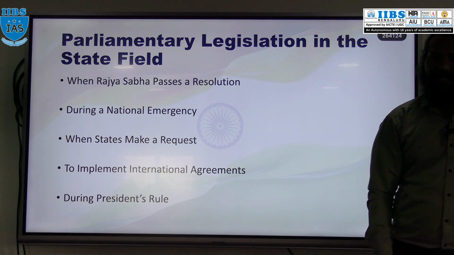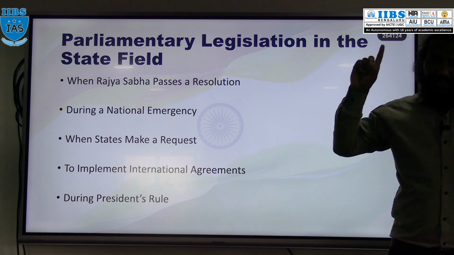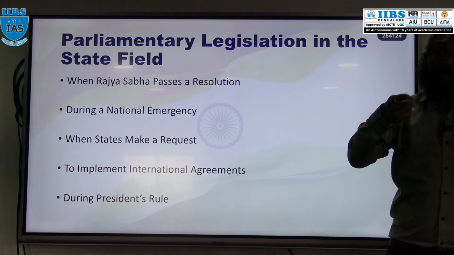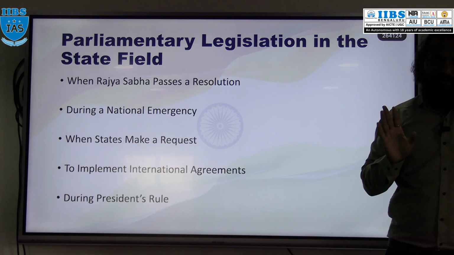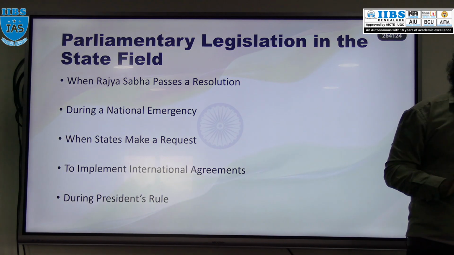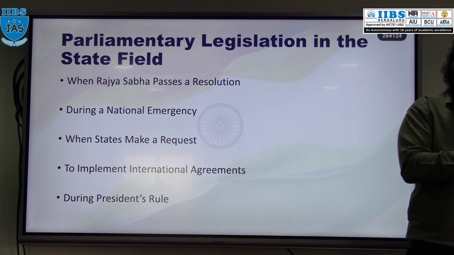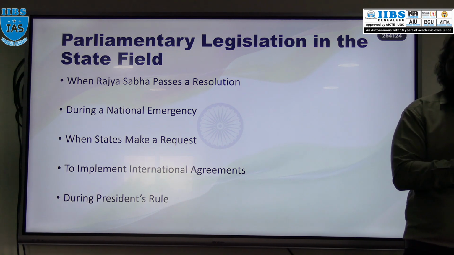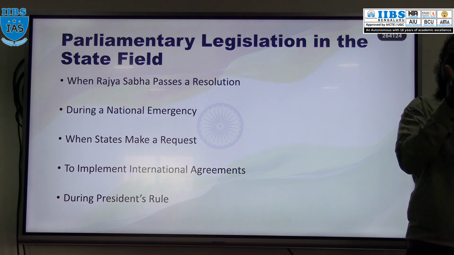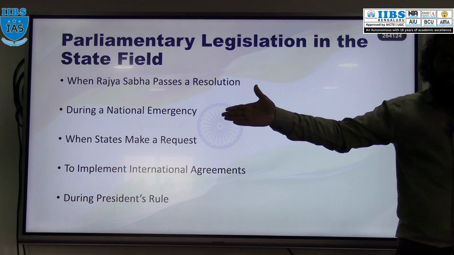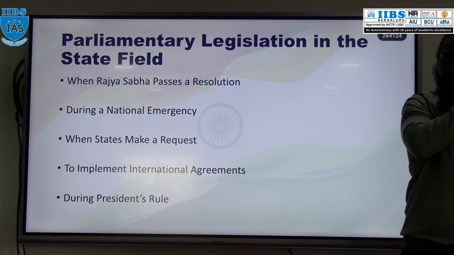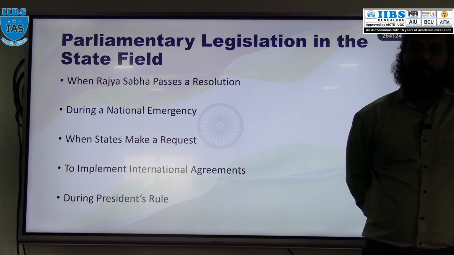Now what is the validity? The law will be valid till 6 months after the emergency ceases to operate. That means if the emergency was declared, but in the month of January it ceased to operate, was revoked, then within 6 months of that date of revocation, that means till July, that law will be applicable. After that, that law will cease to operate.